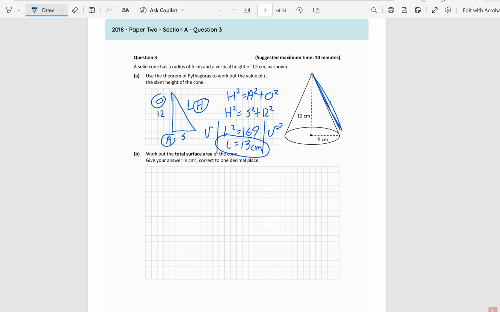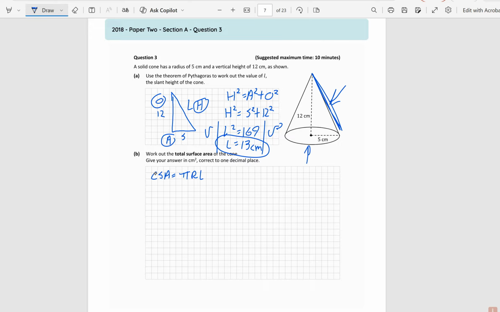So there's your answer. And they're looking for the total surface area. Well, curved surface area. So we'll call it curved surface area equals pi r L, L standing for the slant height. Okay, that's the curved surface area.